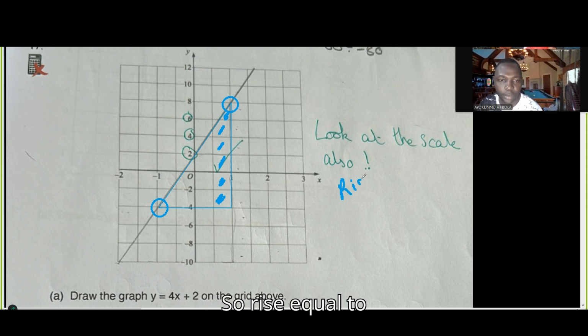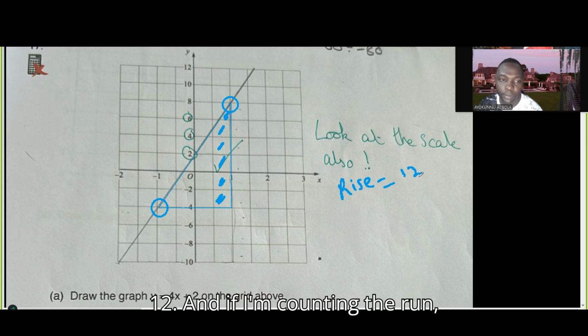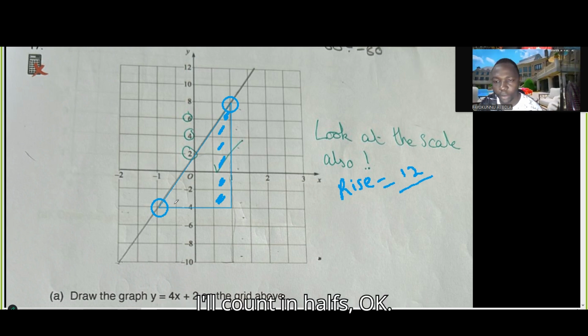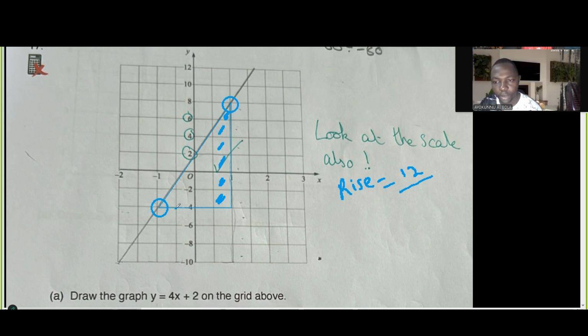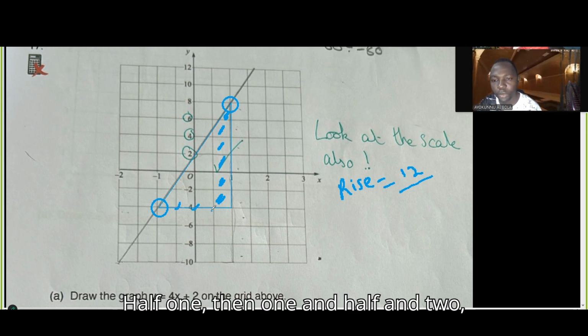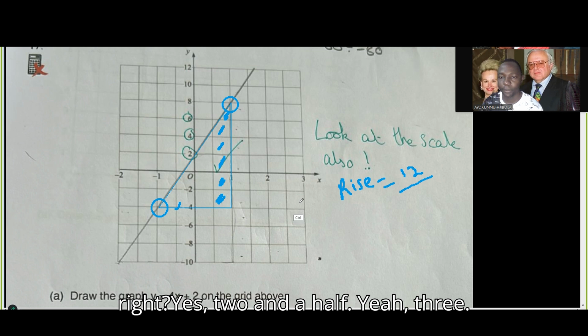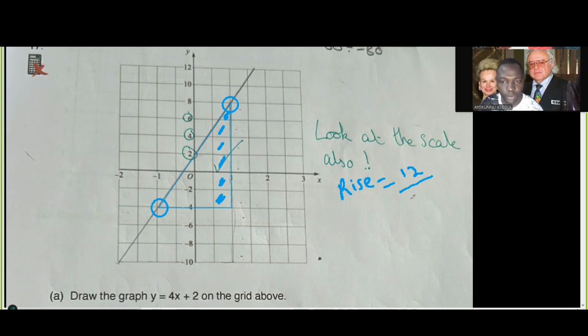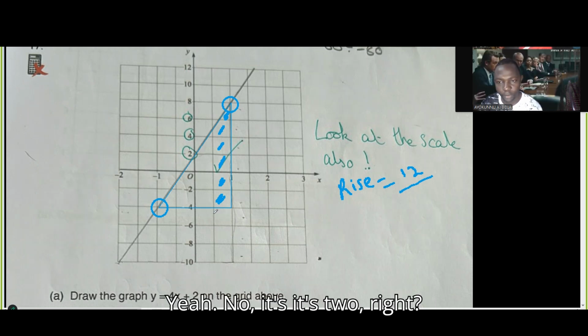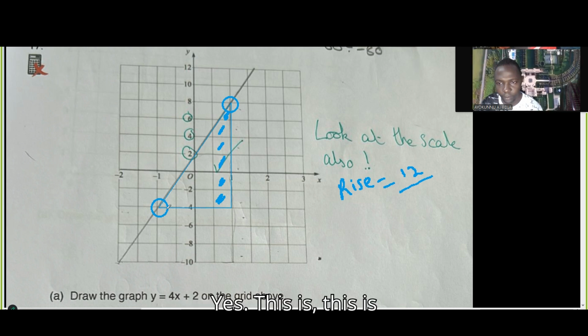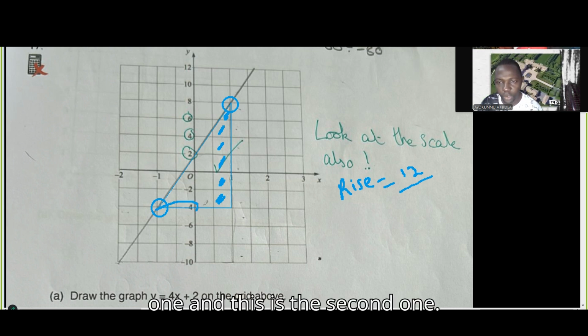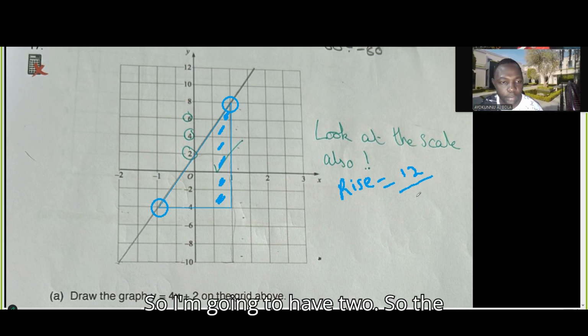So rise is equal to 12. And if I'm counting the run, I'll count in halves. Half, 1, then 1.5 and 2, right? Yes, it's 2. This is 1 and this is the second one. So I'm going to have 2.